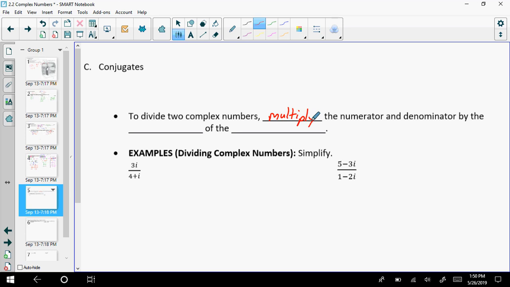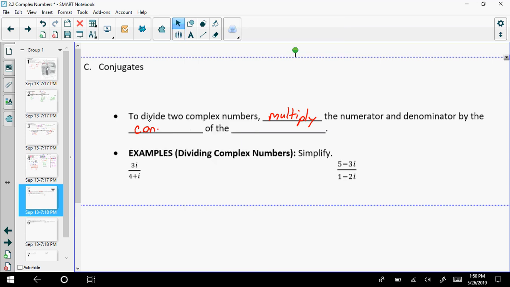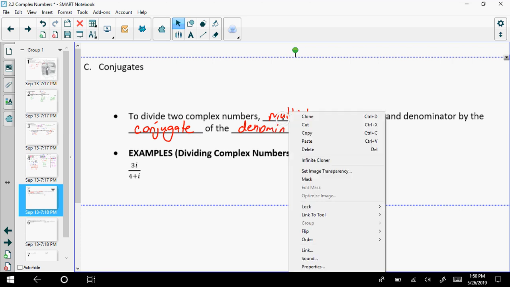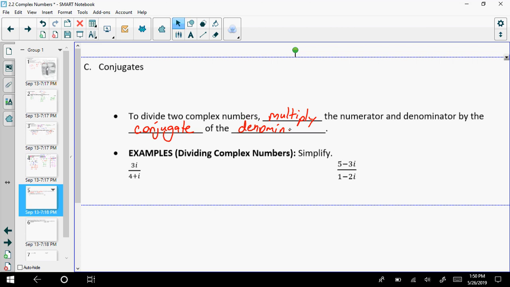So we are going to multiply the numerator and denominator by the conjugate of the denominator. And in just a moment, I'll show you why we even do this and how it's going to help with the division. So when I say conjugate, here's what I mean.